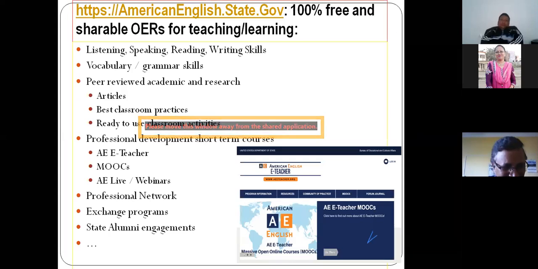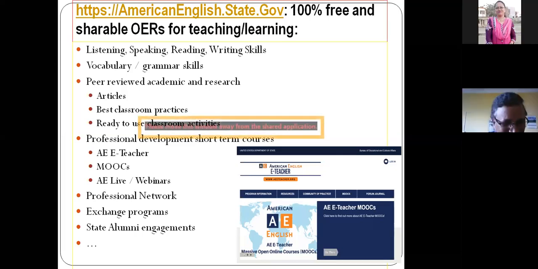And I have a list of some other resources here for listening, speaking, reading, and writing, vocabulary, grammar, peer-reviewed academic research articles, and best classroom practices, ready-to-use classroom activities from americanenglish.state.gov.